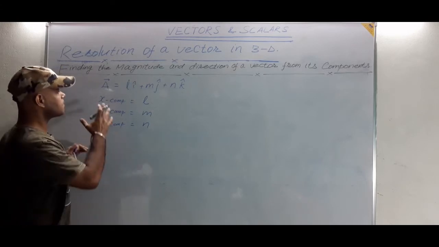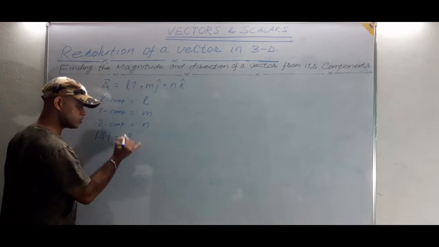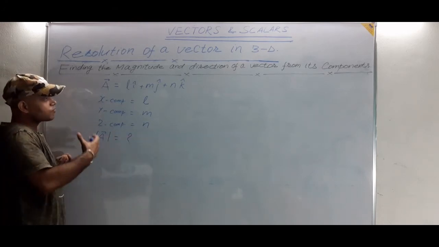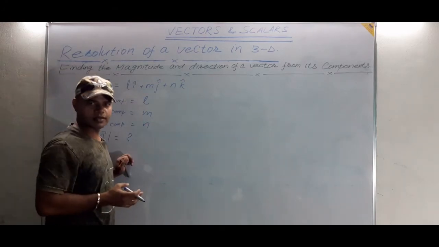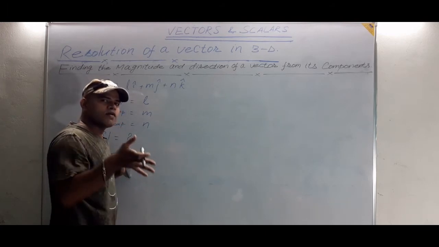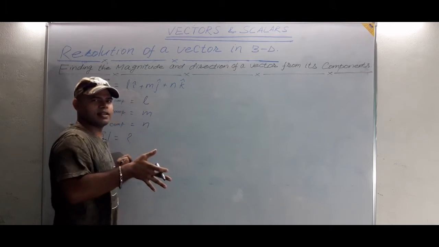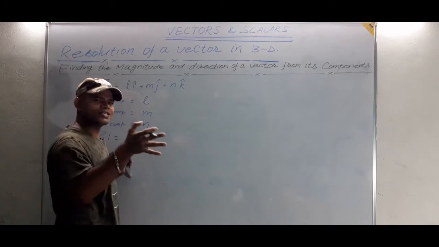We have to find the magnitude of this vector. We have to find the direction of this vector. Finding the direction means you have to find the alignment or the angle with respect to x-axis, y-axis and z-axis.